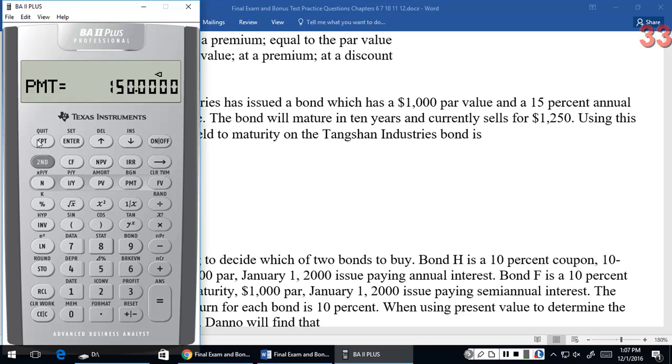So we have our 4 inputs. We want to compute, in this case, the I/Y, which tells us if we buy this bond for $1,250, hold it until it matures, we're going to earn a yield each year of 10.79%, which matches answer A.